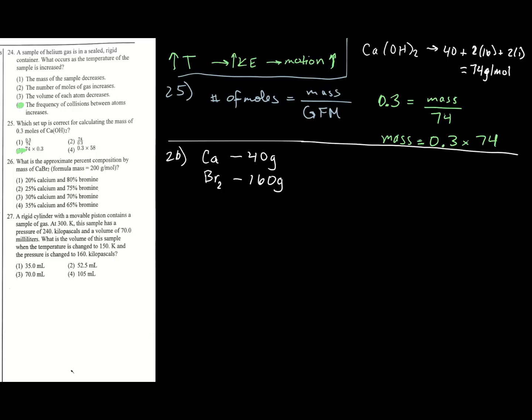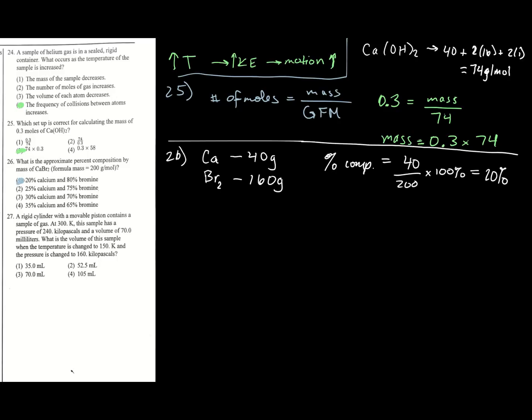So what you're going to do is find calcium's percent composition equals 40 over 200 times 100%. So that's about 1/5 of 200 actually, times 100. That's 20% for calcium. That makes bromine 80%. Choice 1.